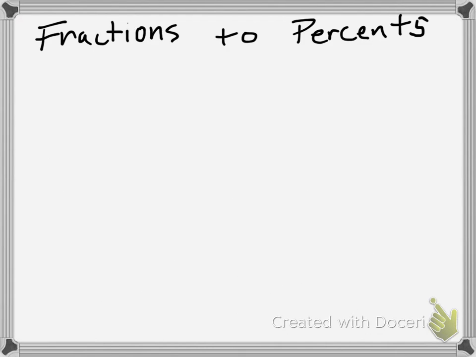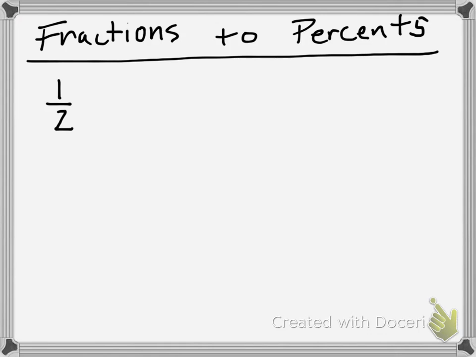Okay, that was percents to fractions, but what about moving from fractions to percents? No problem. The key thing to keep in mind is that percents are out of 100, so we need to get to something out of 100 with our fraction. All right, let me start with a really basic one, 1/2. In order to turn this into a percent, I need to have this fraction be out of 100. Because once I'm out of 100, that's my percentage.